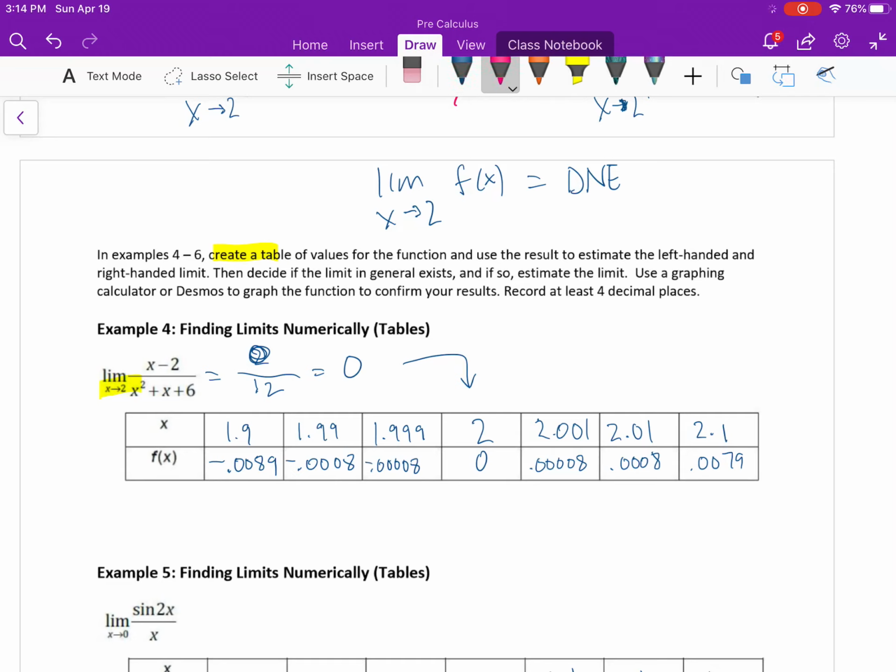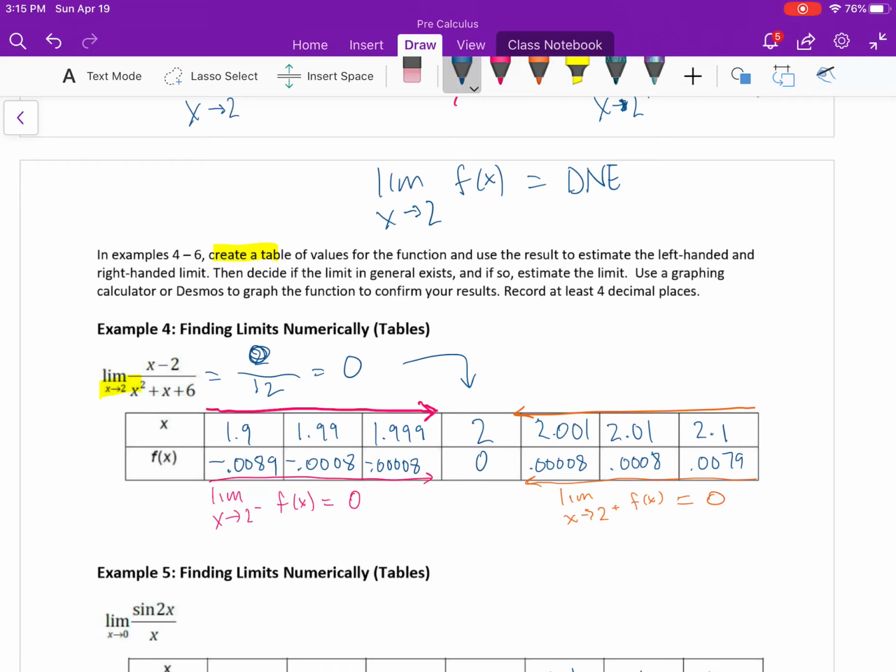Okay, so from the left side, as my x values get closer to 2, you can see that the limit as x approaches 2 from the negative side is getting closer and closer to 0. From the right side, or from the positive side, you can also see that these values are getting closer and closer to 0.